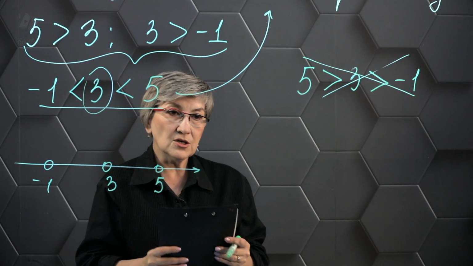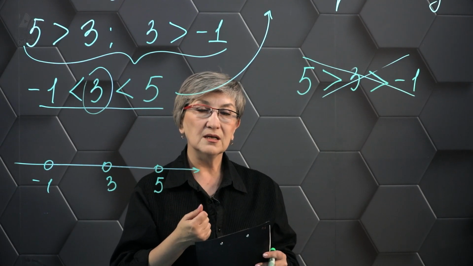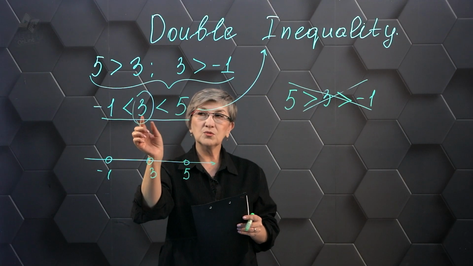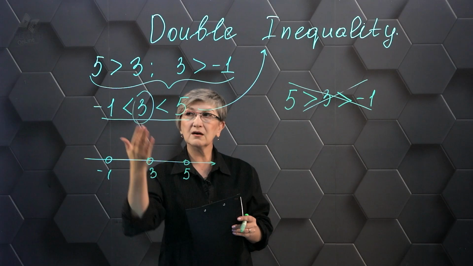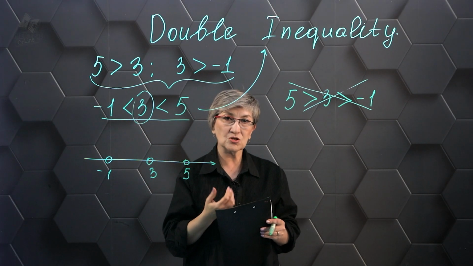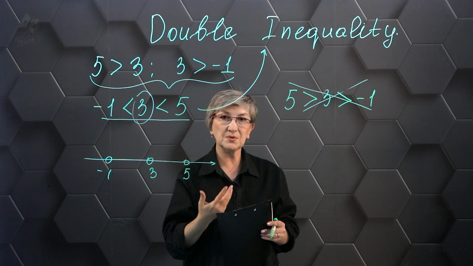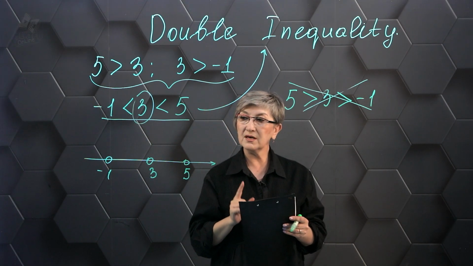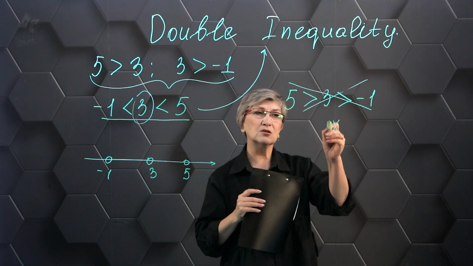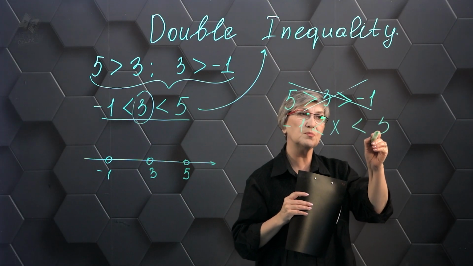But of course, we need this representation to solve double inequalities. Double inequalities can be expressed using strict signs, greater, less, or using non-strict signs. In this case, I will use a variable to write. If I mention that I have a number x, that is greater than -1 but less than 5.